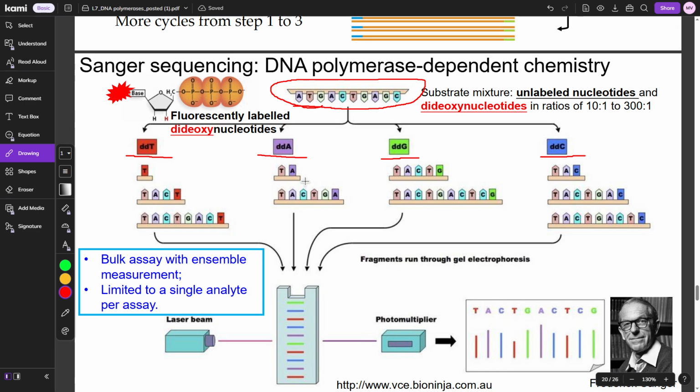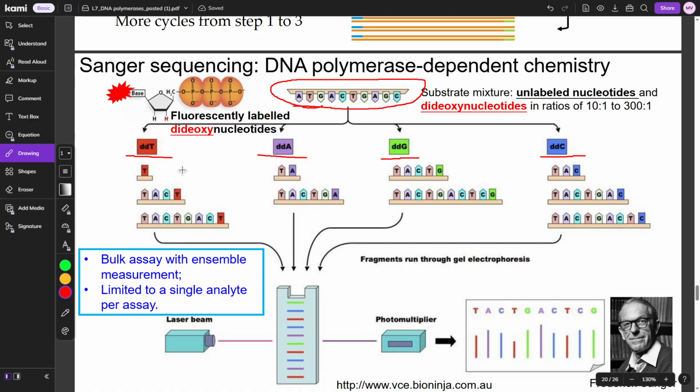And as you allow this mixture to mix with the DNA that you just used PCR on to replicate, these DDNTPs will bind complementarily to that DNA strand.